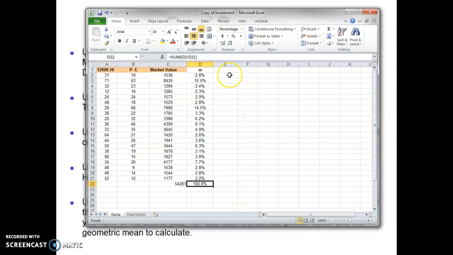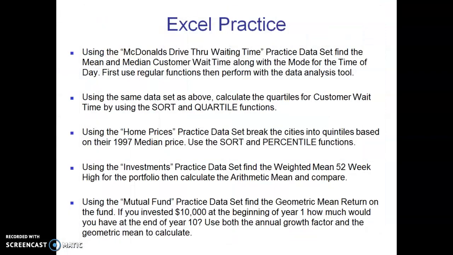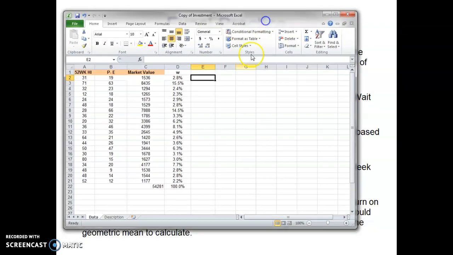The next step is to find our respective weights times whatever we're looking at. So it says here, using the investments practice data set, find the weighted mean 52-week high. So we're looking at the 52-week high.